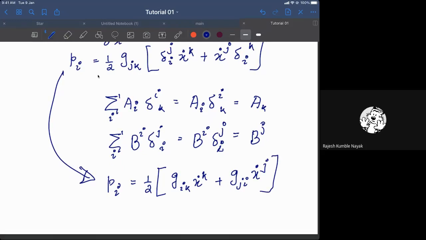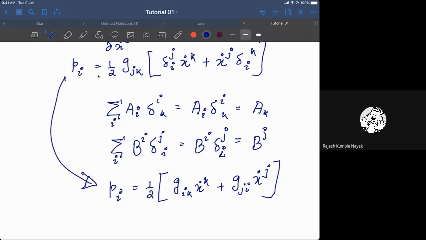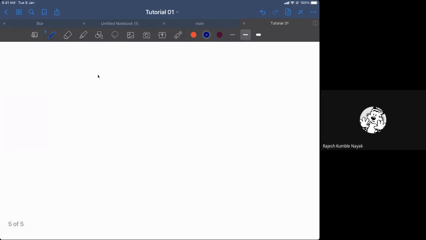Okay, so this is the expression which we are getting. Now you see that there are dummy indices, both j and k are dummy indices. We can use a new dummy variable.